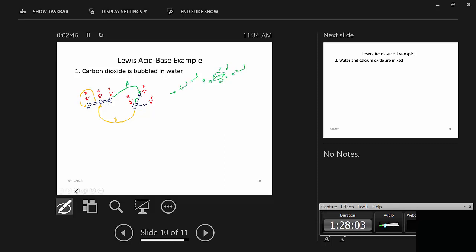And then what we're going to do is we're going to pursue scenario B. So continuing with B, if this happens, then we're going to get something that's going to look like this.